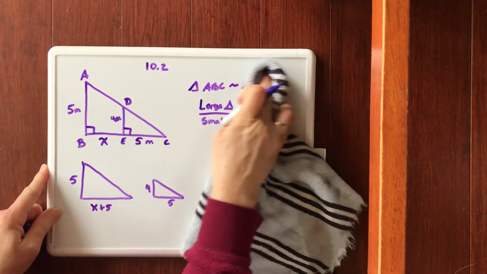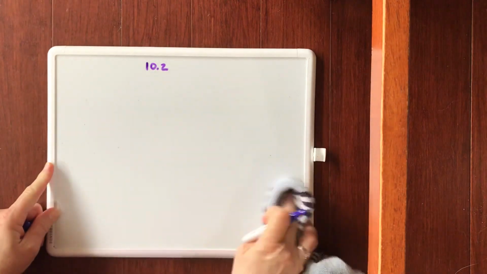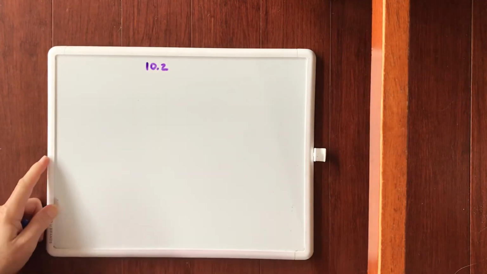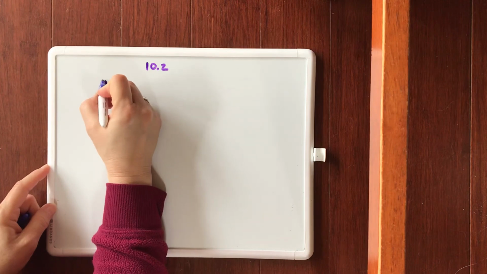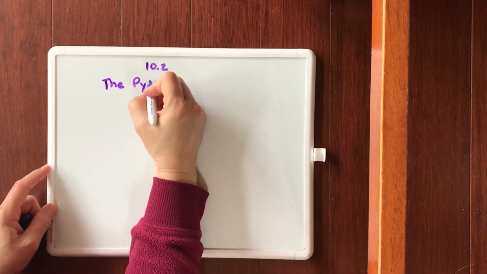Okay, so we're going to go to a different concept now, and I'm sure you've seen it before. The Pythagorean theorem. And this will be our last concept for this situation.